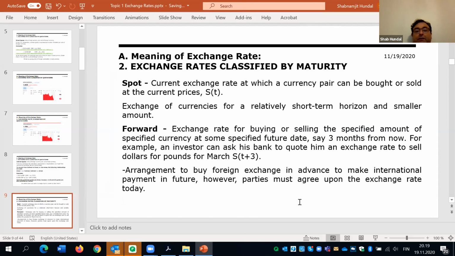If you are a Belgian company importing something from Australia, obviously you will be buying not a few Australian dollars' worth, it could be millions of Australian dollars' worth of import shipment. And if you go to the spot market, that's not possible because that's very expensive. In that case, you go to the forward market.